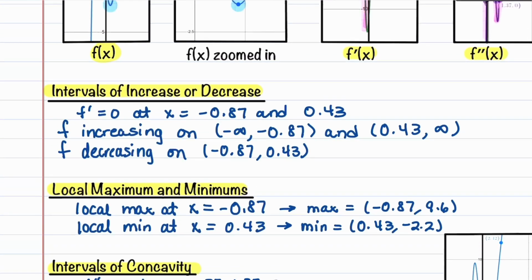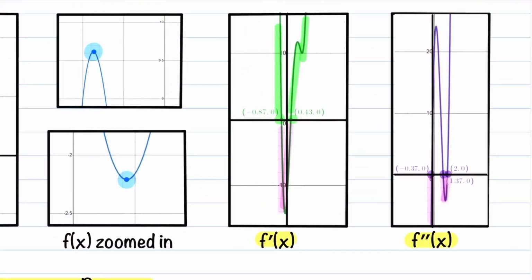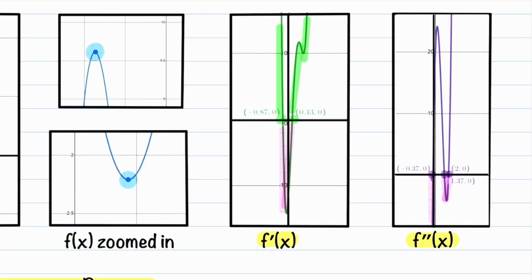Now let's go back up to our graph of f double prime, and we can see that between minus 0.37 and 1.37, our graph is positive, and then it's also positive when x is greater than 2.